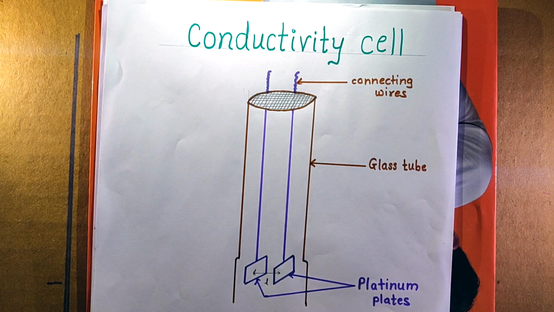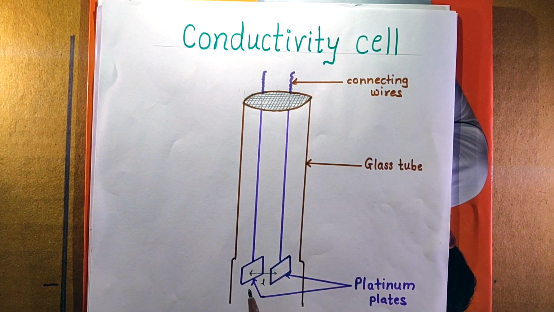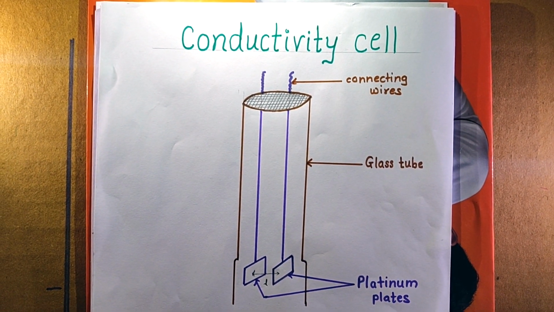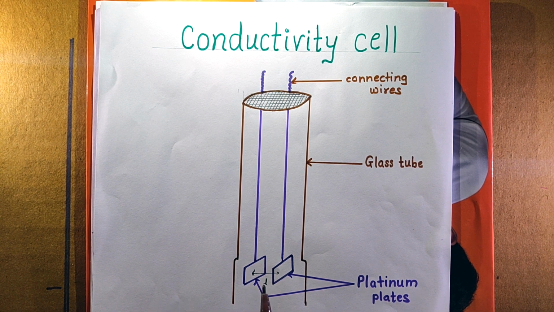One glass tube is there, and in this glass tube two platinum plates are there, and these platinum plates are covered by platinum black, that is, pure platinum powder is coated on these platinum plates. This can be done by the electrolysis of chloroplatinic acid.